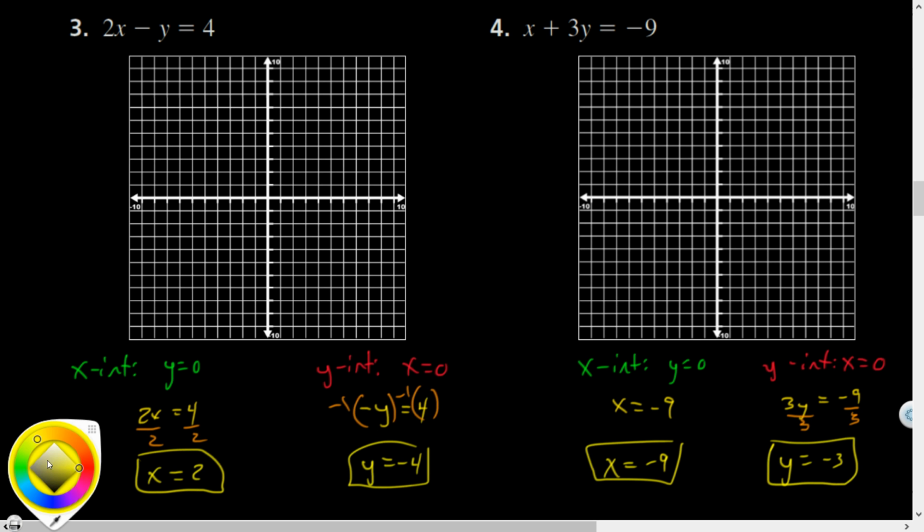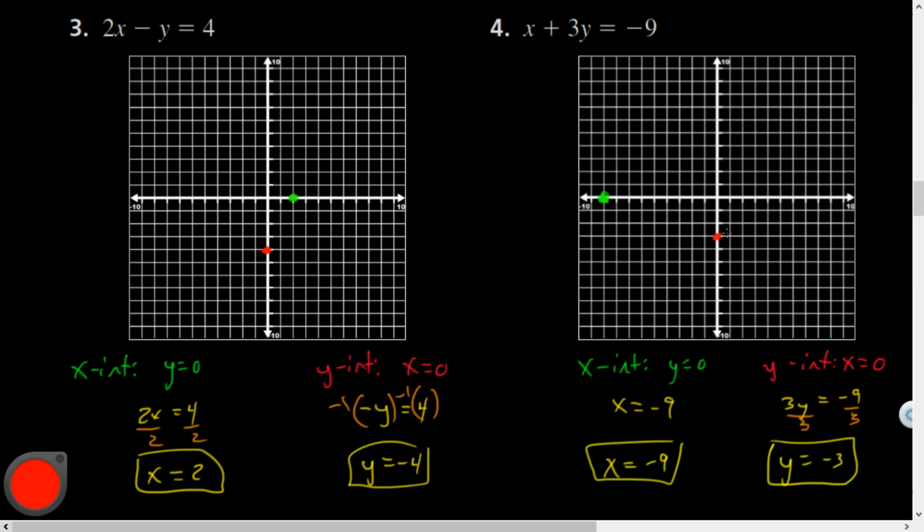So let's plot these points. The x-intercept at 2 is right here. This one's x-intercept was -9, right there. Here the y-intercept is -4, so 1, 2, 3, 4. And here the y-intercept is -3, 1, 2, 3.